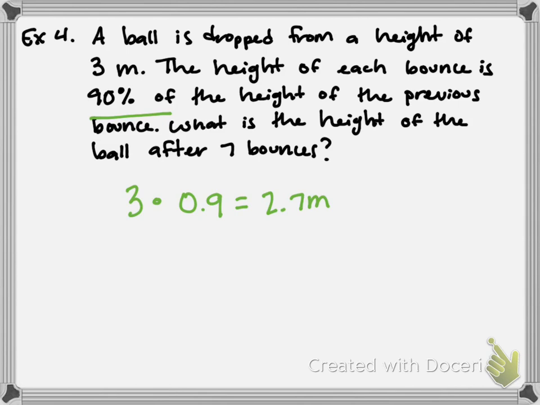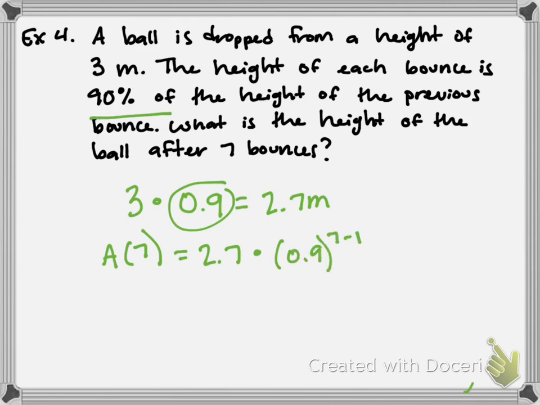So if we think about that formula we've been using, the value of the 7th term is the first term times my ratio, which is 9/10. So, 0.9 to the 7 minus 1.